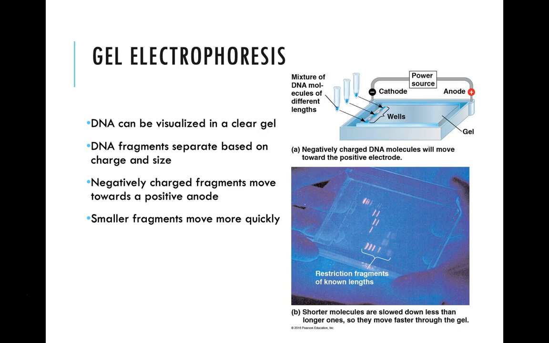DNA electrophoresis allows us to separate and visualize fragments of DNA in a gel matrix. This is sort of like a really thick jello, and you load your DNA sample into one side where there are specific wells, and you load each DNA sample into its own well.